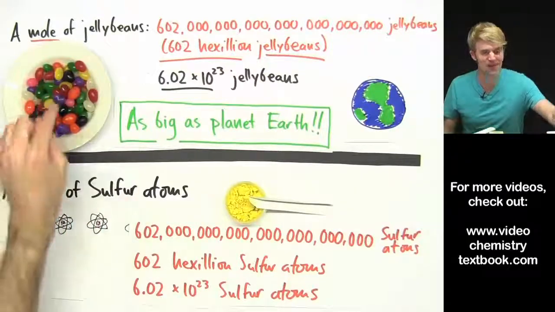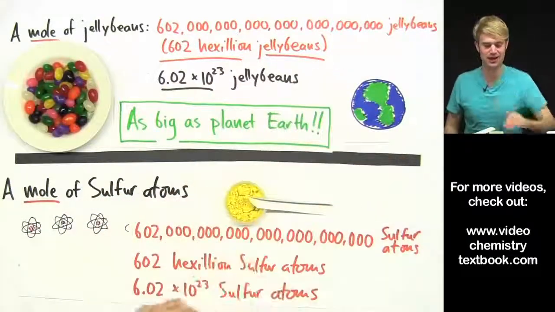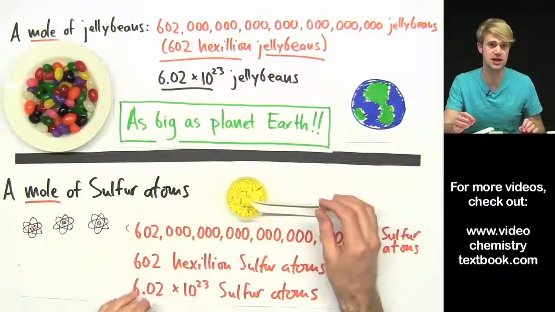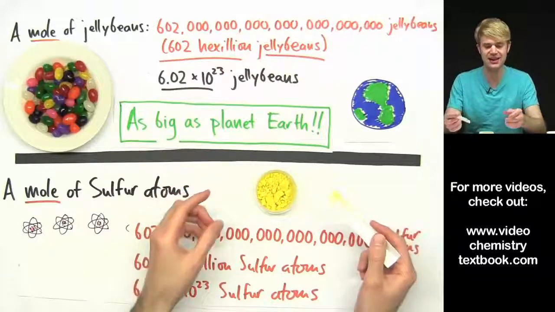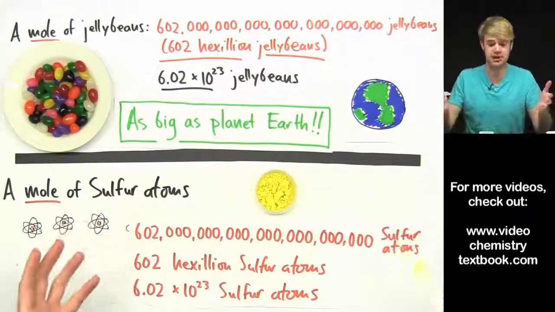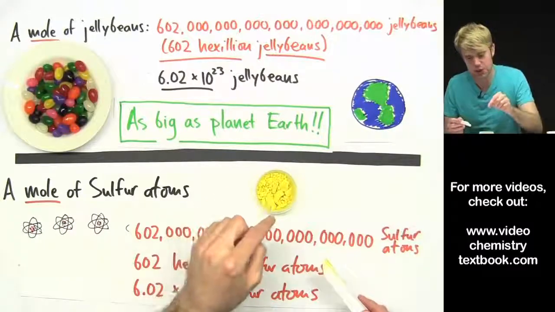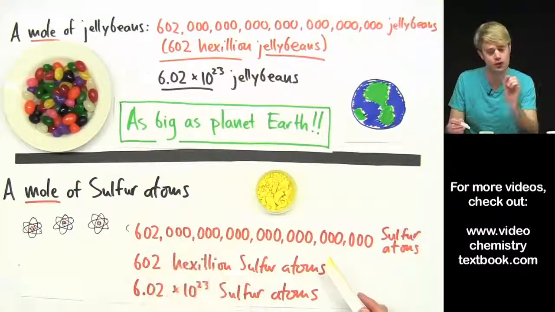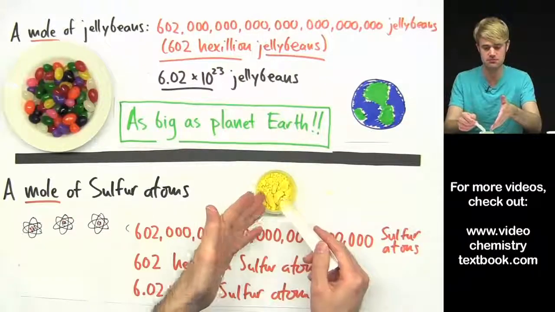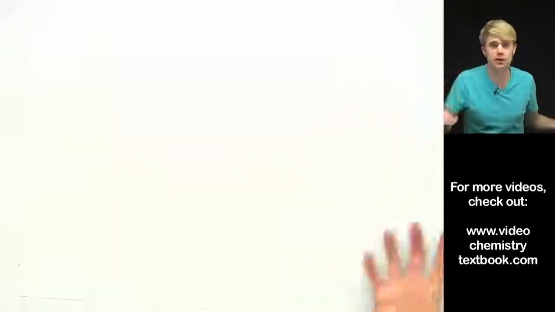So when we're dealing with something as tiny as atoms, a mole doesn't actually take up that much space, because the things that we're dealing with are so incredibly small that a giant number of them just isn't that big.